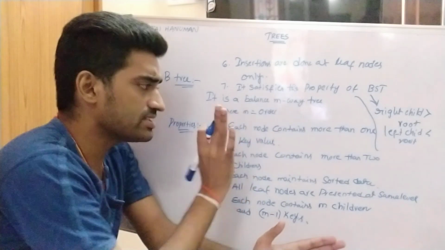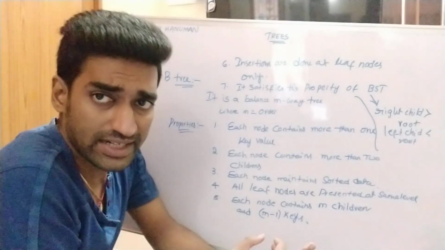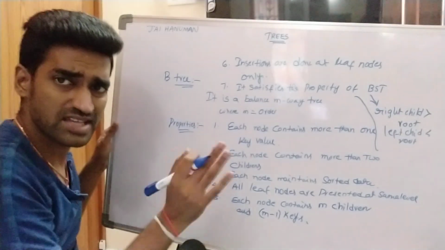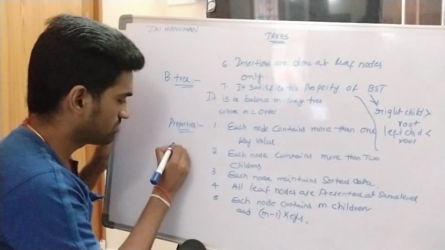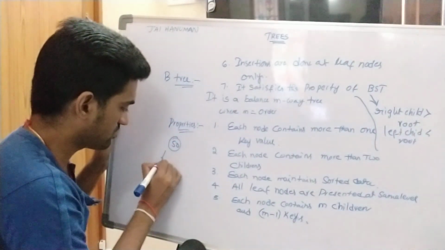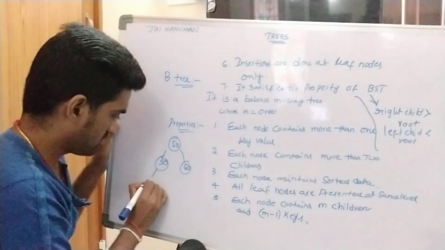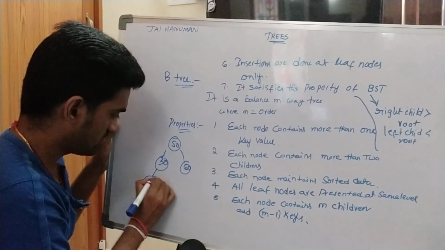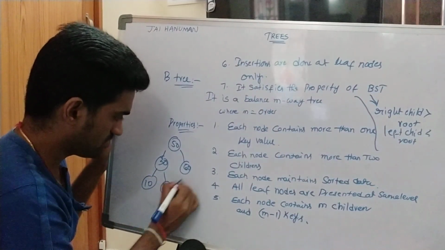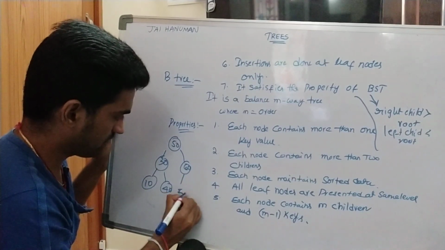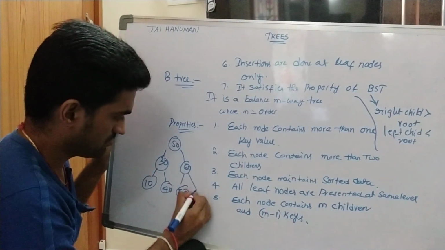Each node maintains more than one key value. In previous trees, suppose I am taking one binary search tree: 50, 30, 60, 10, 40, 55, 65.